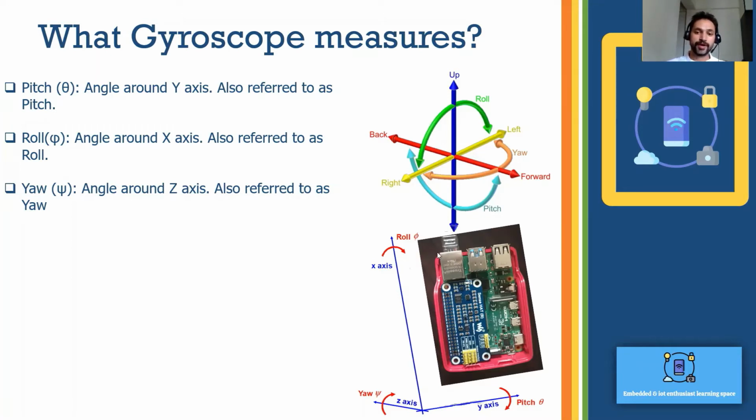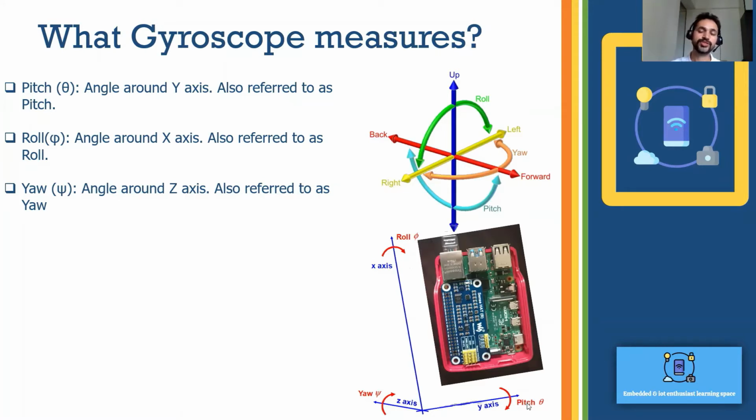Let's take an example. This is a Raspberry Pi with the Sense HAT, and this is the x-axis, y-axis, and z-axis. If I am rotating this Raspberry Pi around the x-axis, my roll will change when I'm measuring the values from the gyroscope. If I'm rotating this Raspberry Pi along the y-axis in this direction, then my pitch will vary.